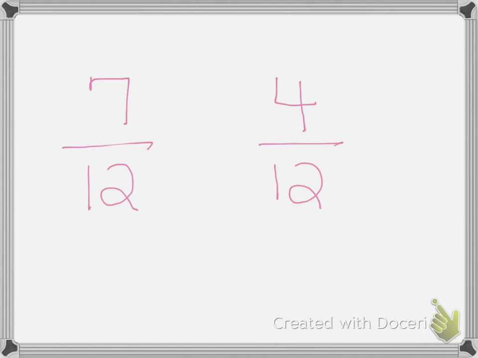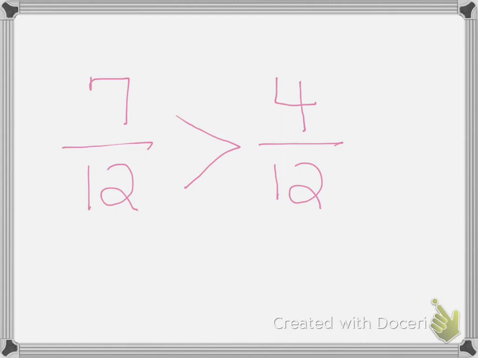So I have to say, okay, my denominators are the same, so now I'm going to look at my numerators, and that's going to help me figure out which one is the bigger of the two. Which is bigger, 7 or 4? 7 is greater than 4. So 7/12 would be greater than 4/12.